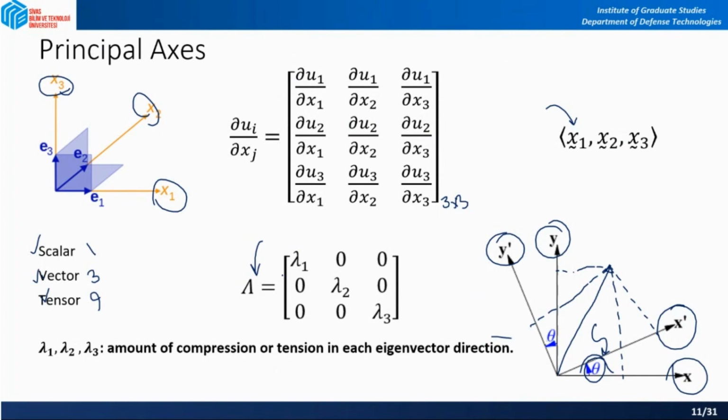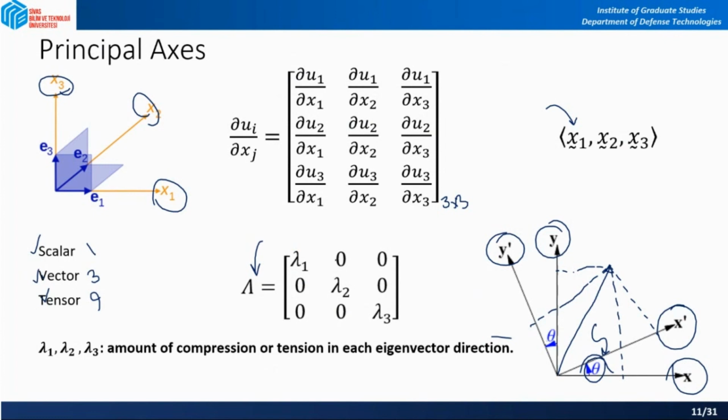That has physical importance, regardless of being fluid or solid. These off-diagonal components are called shear components, and in this matrix, all shear components are zero.